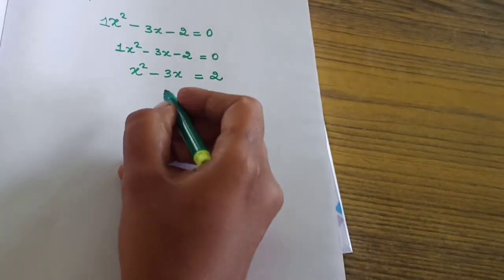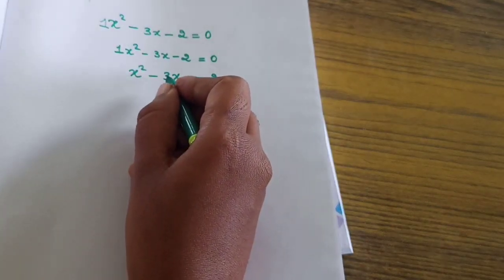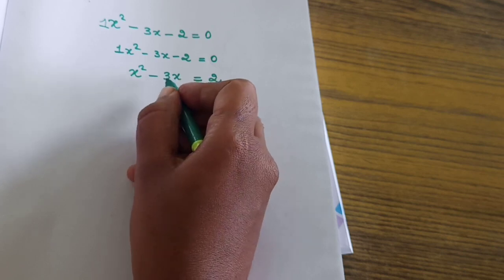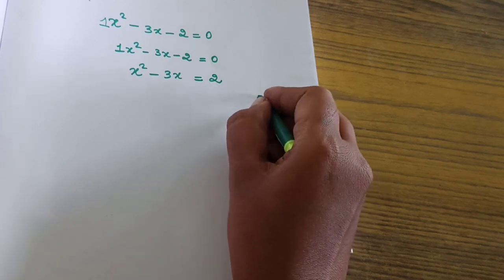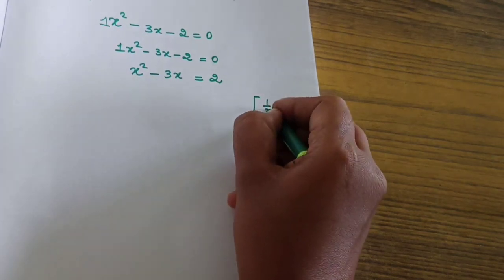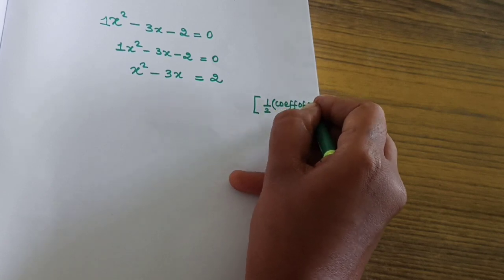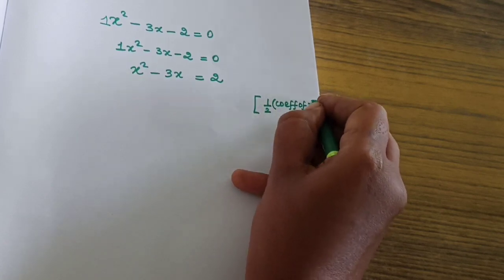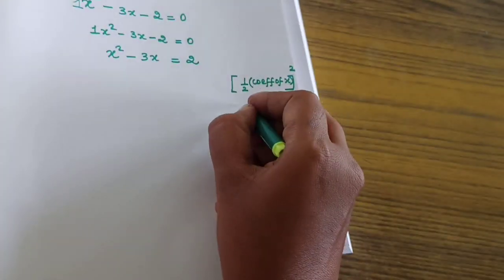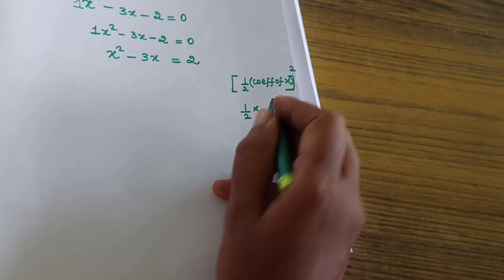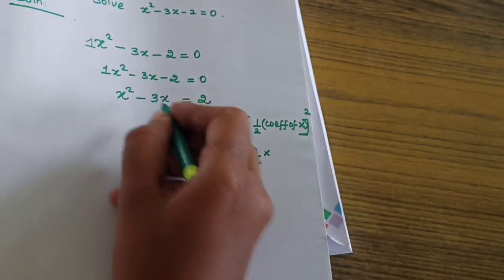Okay, see here, you need to check the coefficient of x. What is that? The coefficient of x is the number 3. So this 3 you need to take 1/2 of. The formula I will write here: half into coefficient of x, the whole square. You want to add that. So what is the meaning? Half into, what is the coefficient of x here? 3 only.